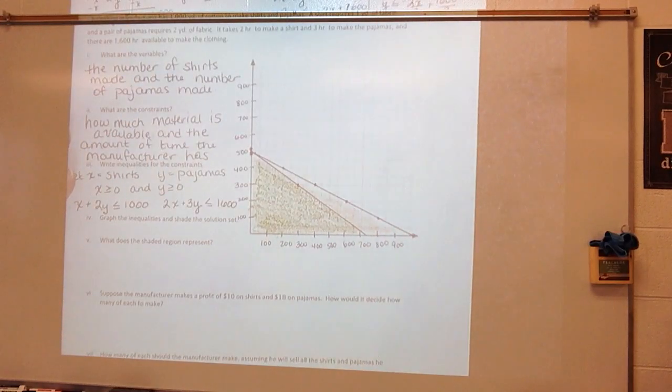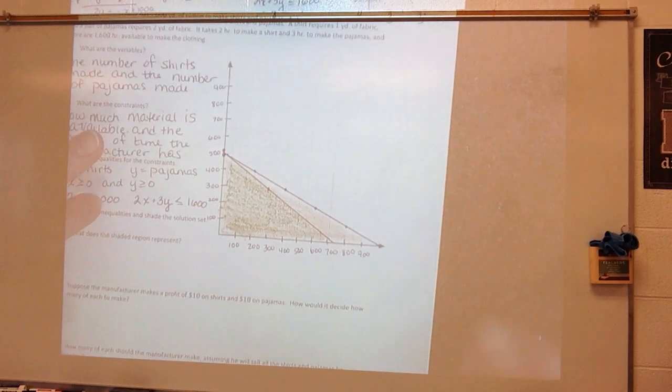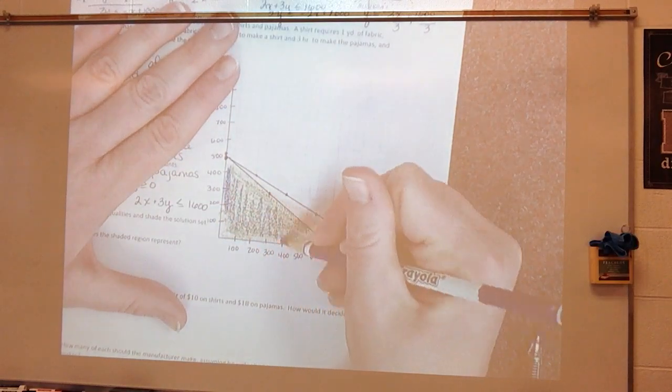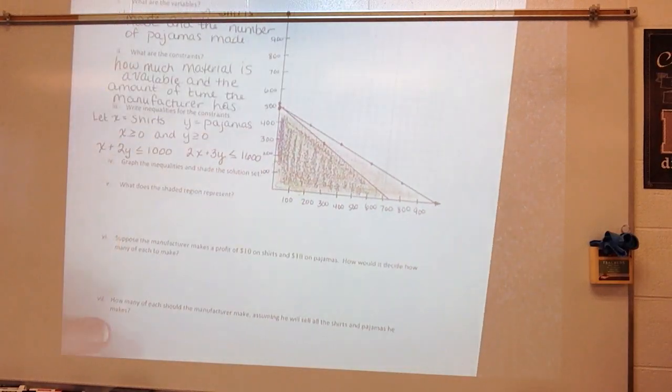So it says, what does the shaded region represent? Okay, so where both of them are shaded, which would be this area right here. Where both of these are shaded, what does that represent?